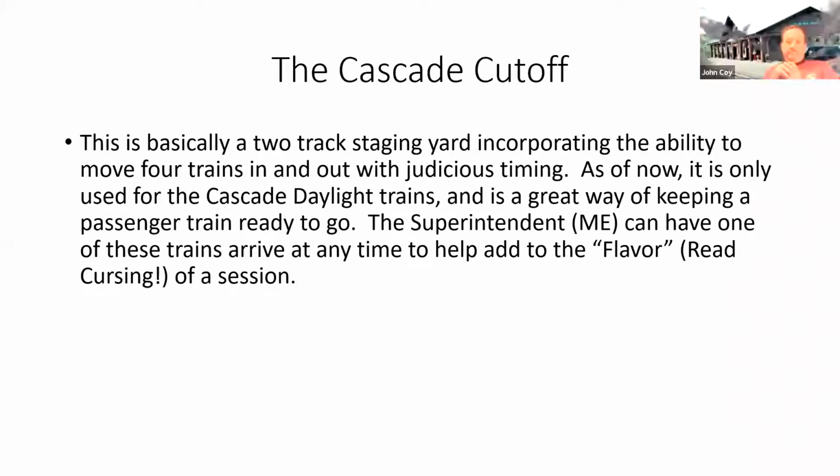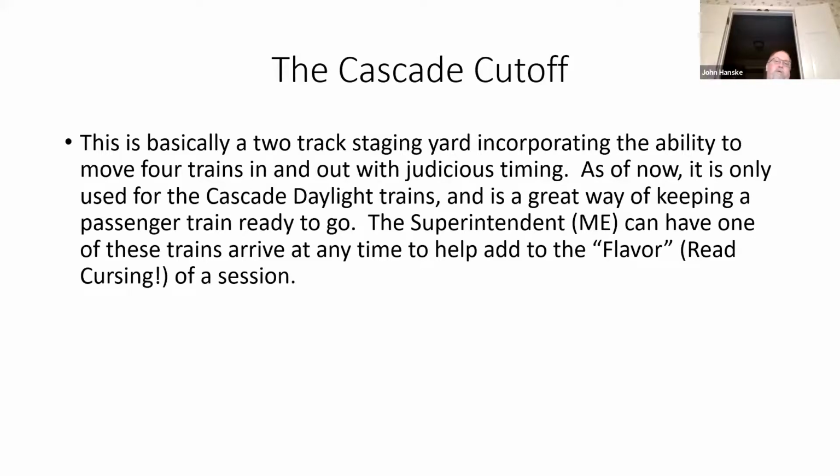Okay, the cascade cutoff is what a lot of people think of when they think of staging, where you've got an engine waiting in the wings or a train waiting in the wings, and it leaves its track and goes out and does its business, and then something else comes in and takes up that track. One of my tracks is just a stub end track for staging.